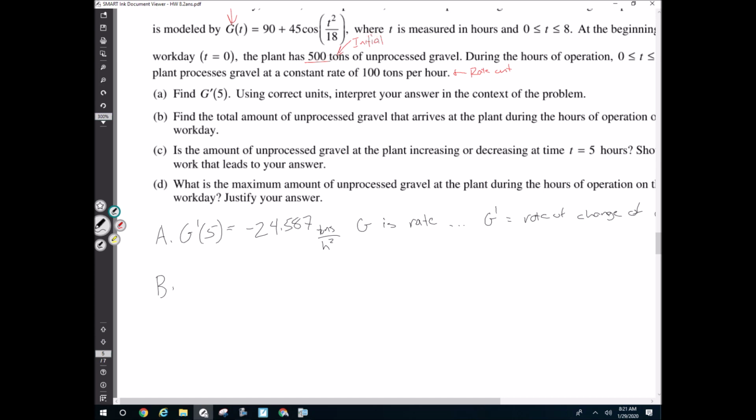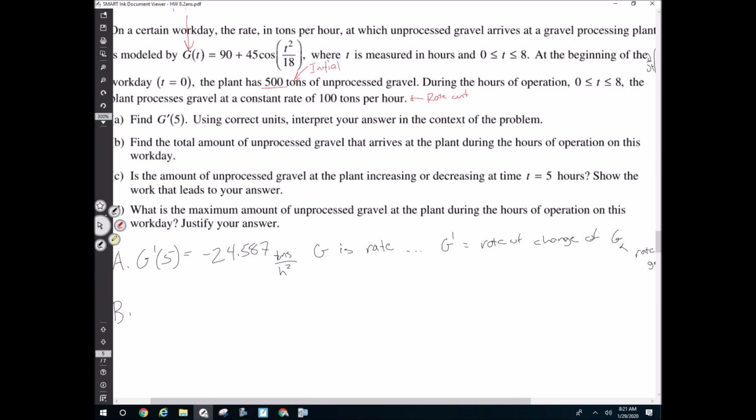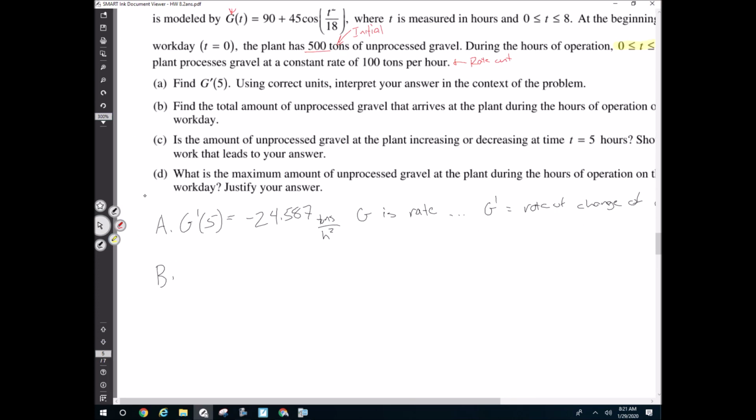B, find the total amount of unprocessed gravel that arrives at the plant during the hours of operation. We are operating over 8 hours. Again, our total will equal an initial amount plus a total amount that has come in minus a total amount that has gone out.